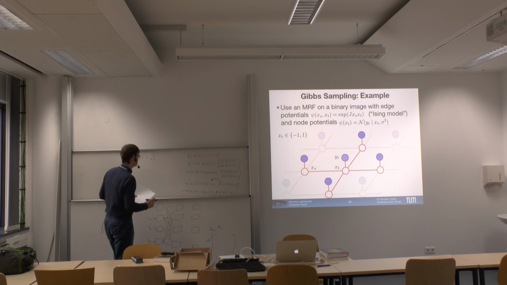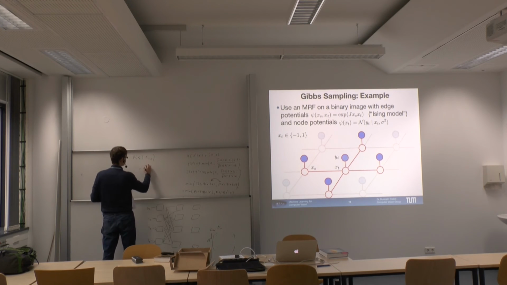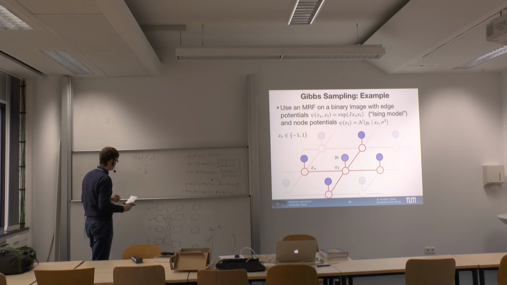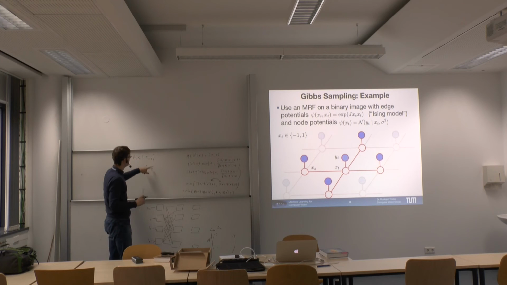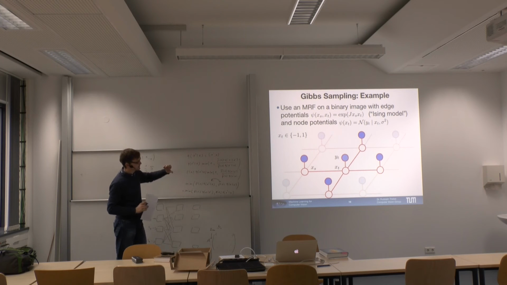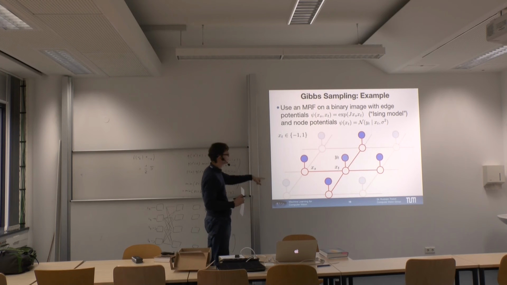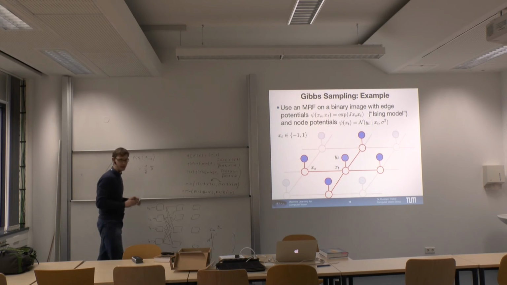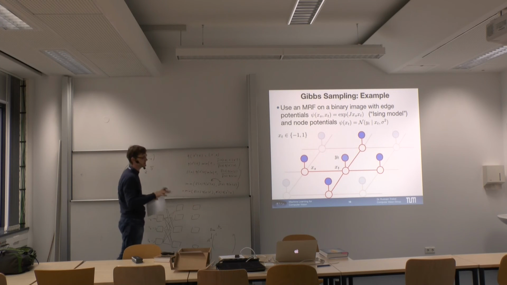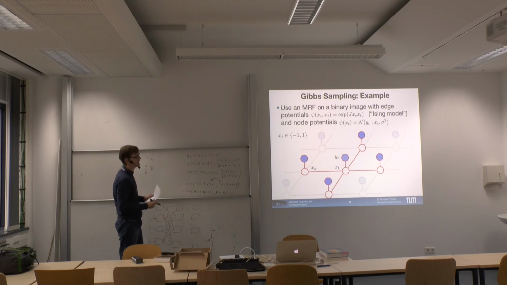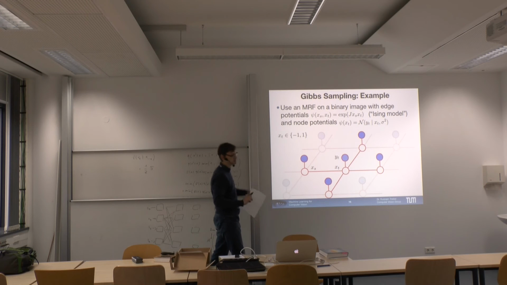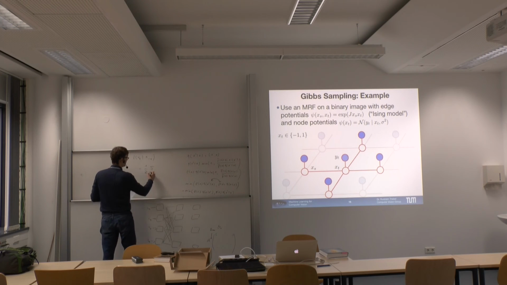And what we have seen already is that this is nothing else than, we have the normalizer here. We just have to multiply all the potentials, all the edge potentials and the node potentials, but only those for the neighbors. Why is that for the neighbors? Because the neighbors are the Markov blanket in this case. And as we have an undirected graphical model, the Markov blanket in the undirected graphical model is just the direct neighbors of xt. That means we only do the multiplication over all s, which are neighbors of t. N of t is neighbors of t.